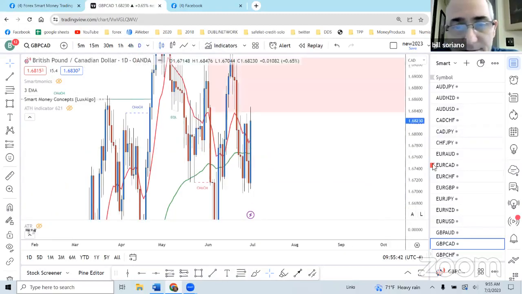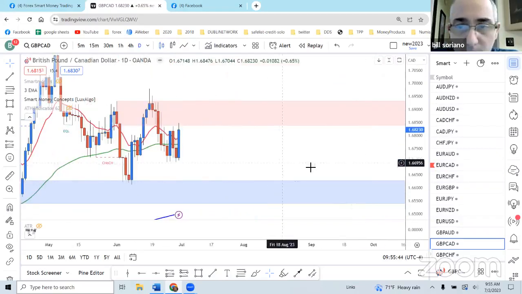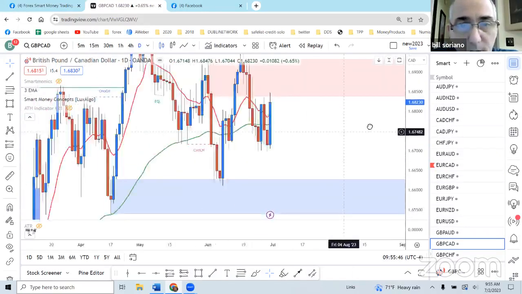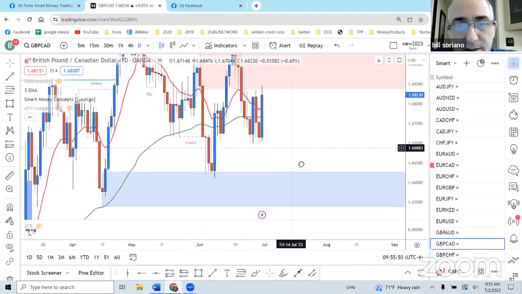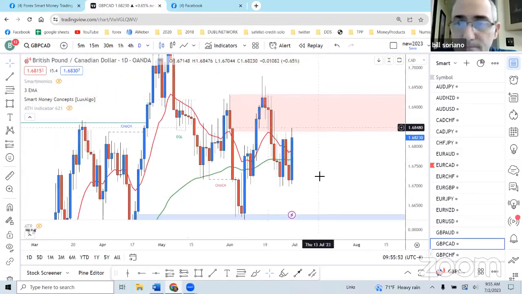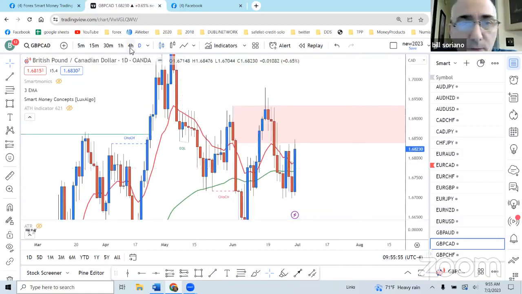So again, let's go back to the daily. When you look at the daily, you see the 200 down here, it's clearly bullish. So that's telling you that's the way we want to go.